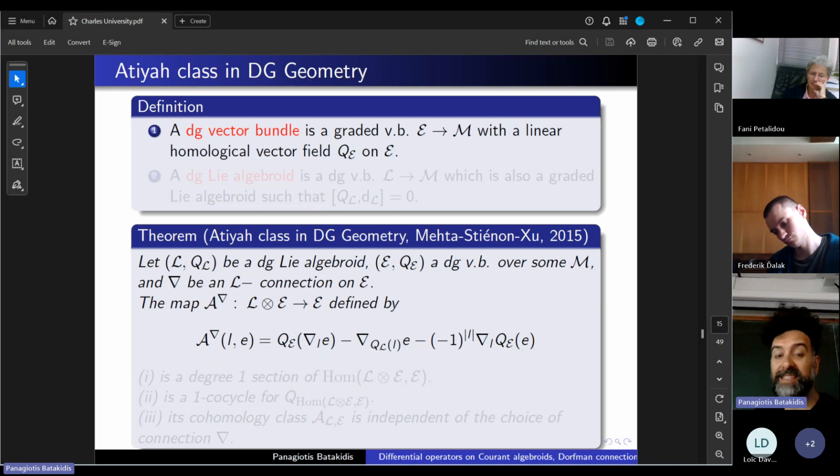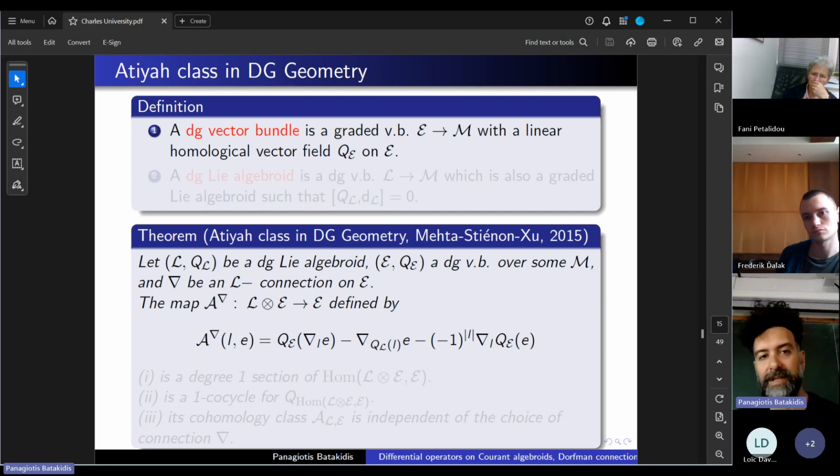But since the late 90s, people started working a lot with the Atiyah class in different contexts, trying to generalize it to more general settings. At this point, the definition of the Atiyah class for differential graded geometry is more or less the most general object we have related to this.